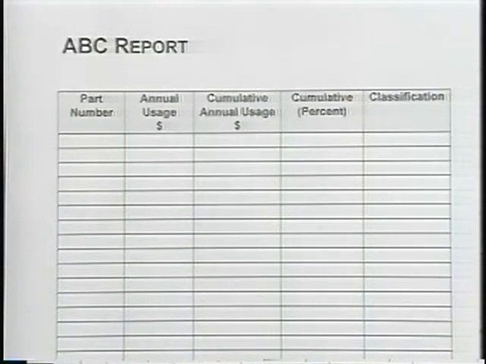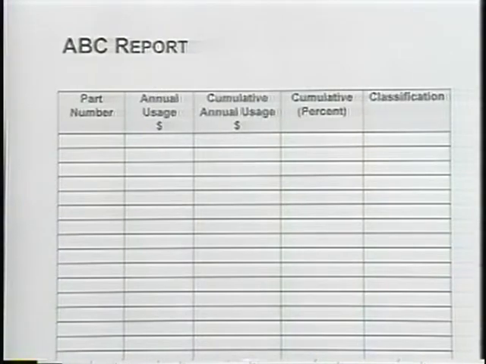And then you would add the second annual usage value to the previous cum and so forth until you have filled out the individual cumulative annual usage values, okay? So you're going to go through 12 iterations of developing the cumulative annual usage value. Now what you have to do is take that total cumulative annual usage value and divide it into each one of the above.